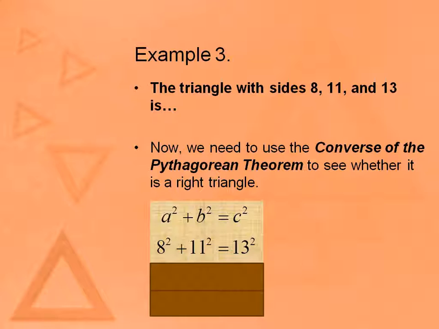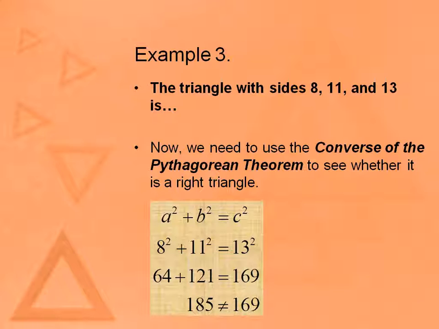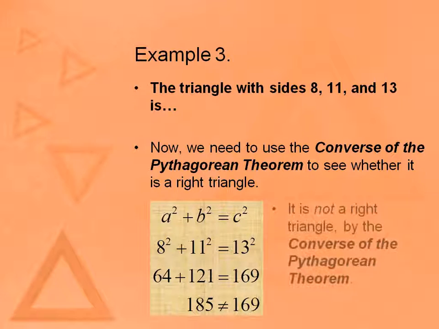I know what 11 times 11 is. I know what 13 times 13 is. Is this true? No, it's not. 185 is not the same as 169. So no, these three sides do make a triangle, but not a right triangle.